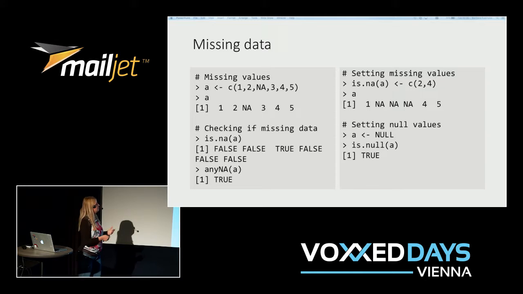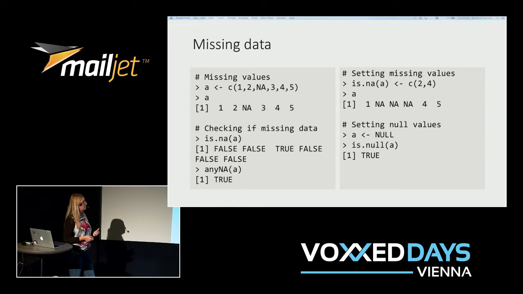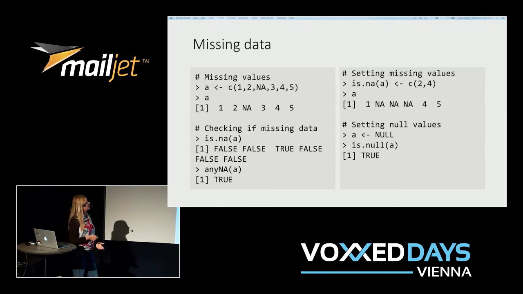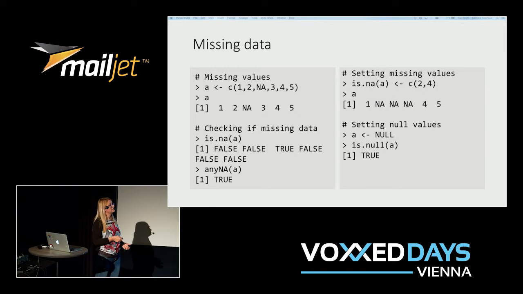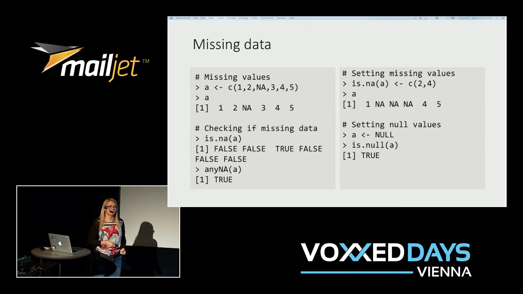So you can create a vector with this missing value, check if there are any missing values, or where those missing values are. You can even set your missing values. What I am doing here is saying that in my vector A, I want elements 2 and 4 to be set as a missing value.